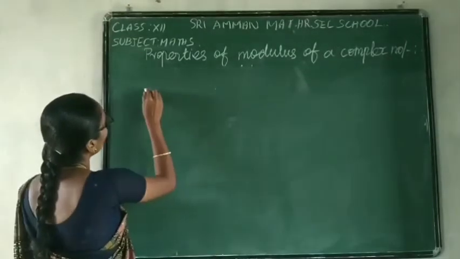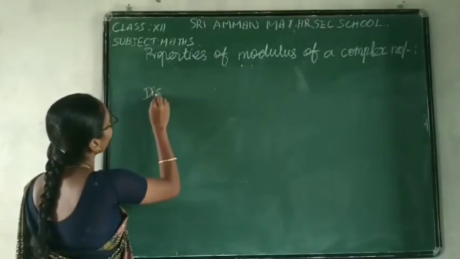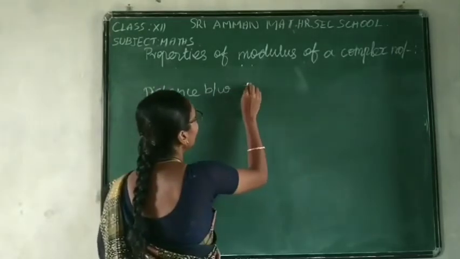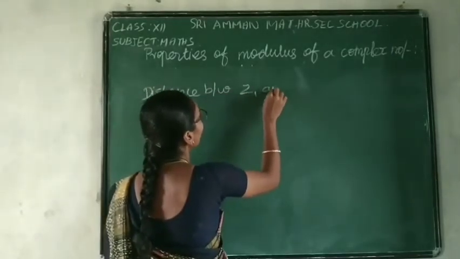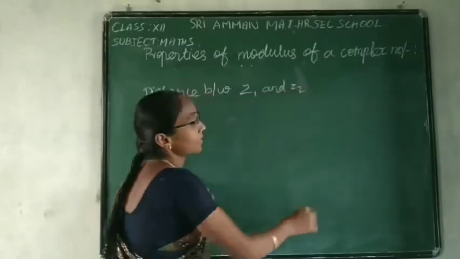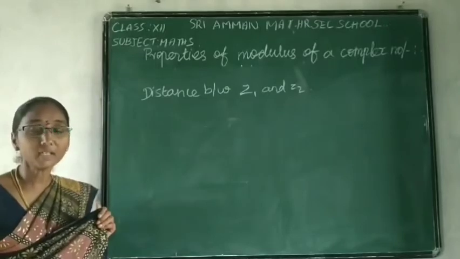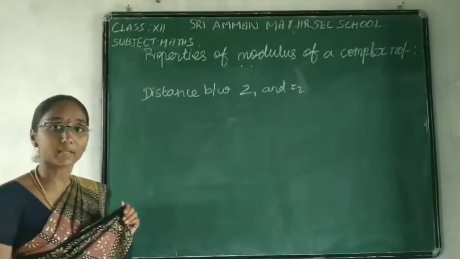Okay, now let us consider the distance between Z1 and Z2 in the complex plane. It is the modulus of Z1 minus Z2.